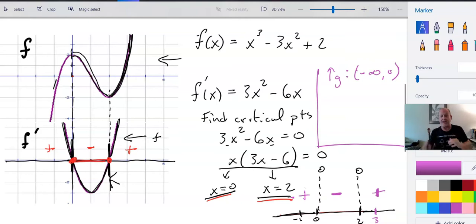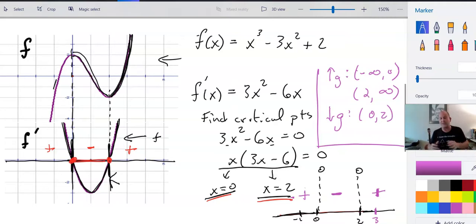It's increasing in that interval. It's also increasing from 2 to positive infinity. And then it's decreasing from 0 to 2.